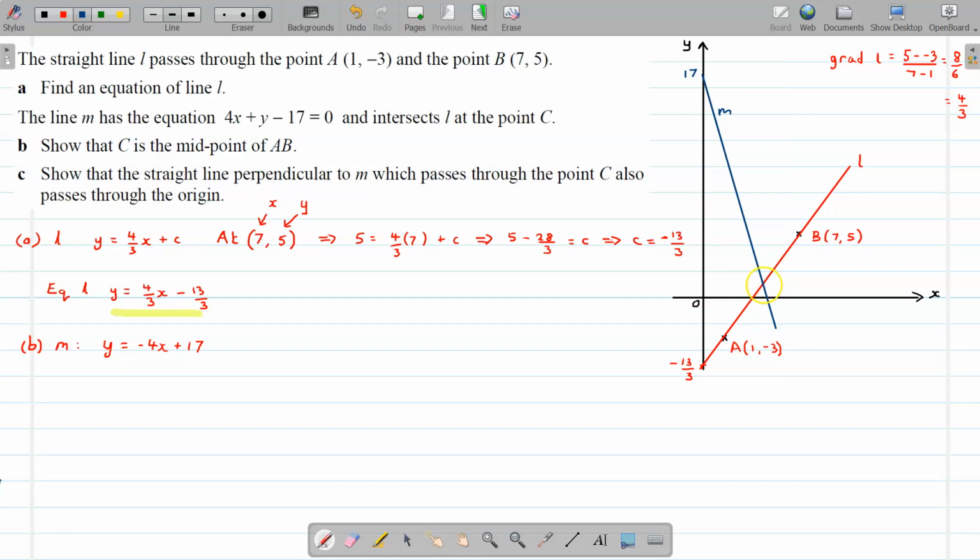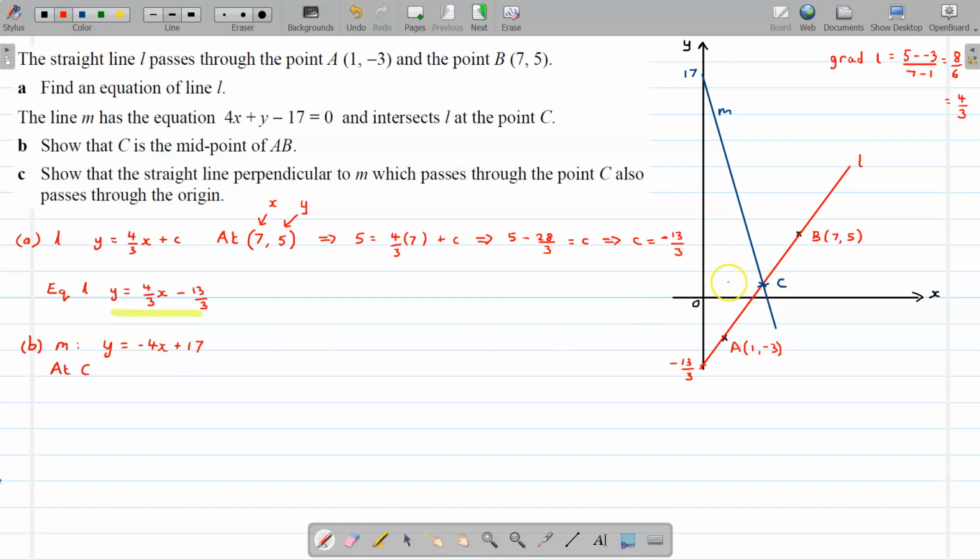And this point C is halfway between A and B. We can work out what C is by looking at the midpoint between the x's and the y's here, but we're going to find it algebraically as follows. What we're going to do next is say that at the point C, the two lines cross and they have the same x and y coordinates.